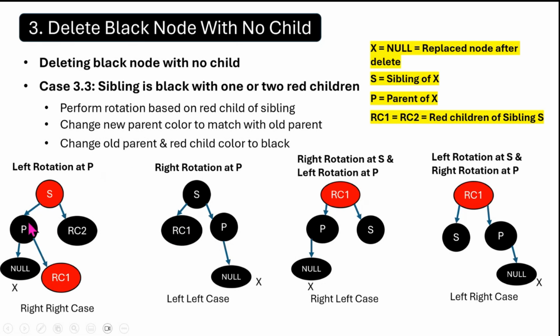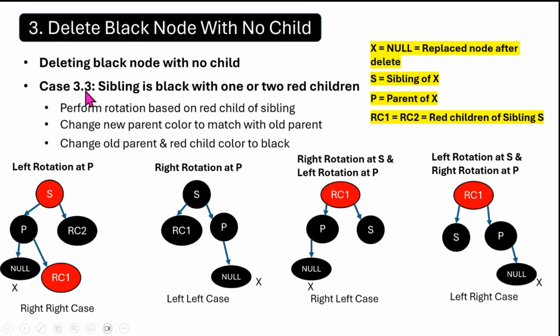It depends on the sibling, because if we delete the node on one side, we need to balance it from the other side. So the sibling is the root of the other side subtree. That's why we consider the sibling color. Now, depending on the sibling color, we have three cases under delete black node with no child.